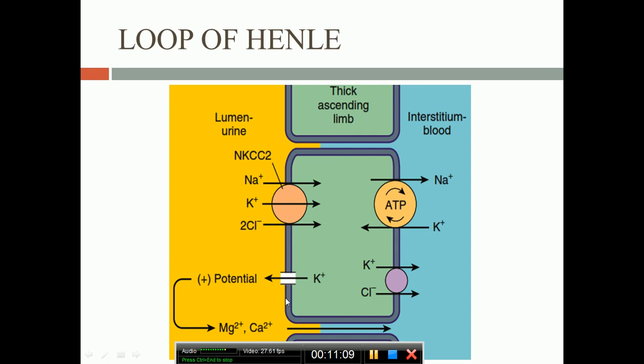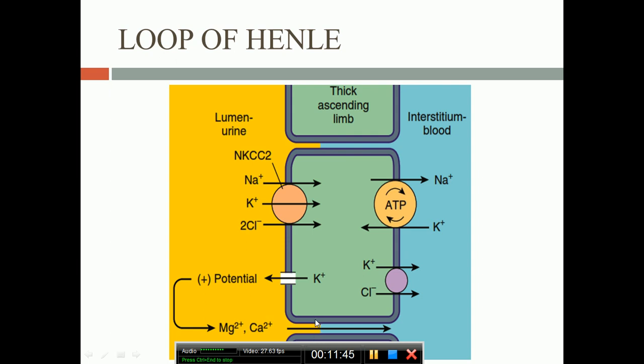Here there is no transporter which can transport magnesium and calcium. So what pathway will they take? Because potassium comes out and it repels magnesium and calcium, they take a paracellular pathway. It doesn't go through the cells, rather it goes between the cell membranes of two cells. These are the tight junctions, but these have the pathway.